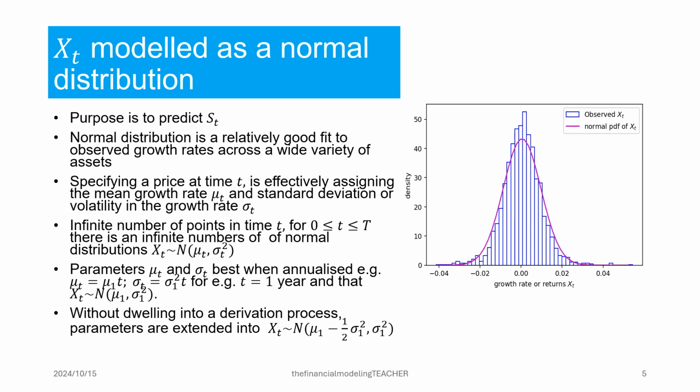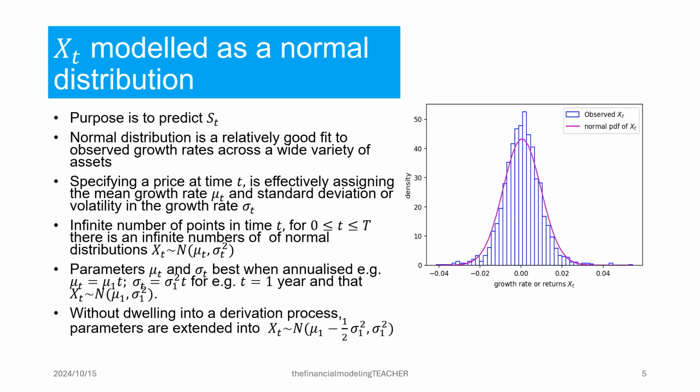This then leads us to being able to estimate these parameters: mu at time t, as well as sigma squared t being the variance at time t, where X_T is normally distributed with these two parameters.